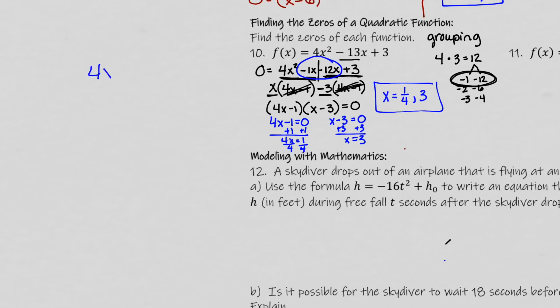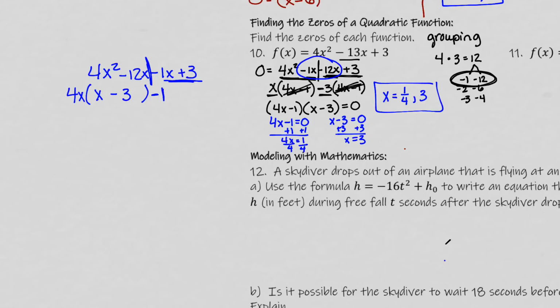If I would have put 4x squared minus 12x minus 1x plus 3, okay, when I factor these two things, 4 goes into both, and so does x. So I'd get x minus 3. And then over here, negative, looks like just negative 1, because negative 1x and a positive 3, nothing really goes into them.